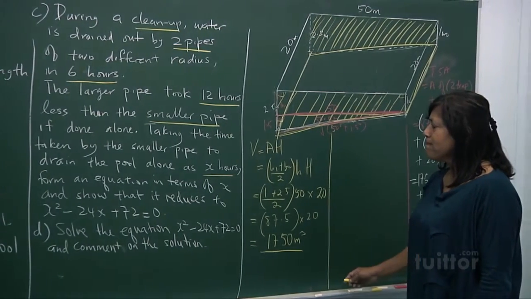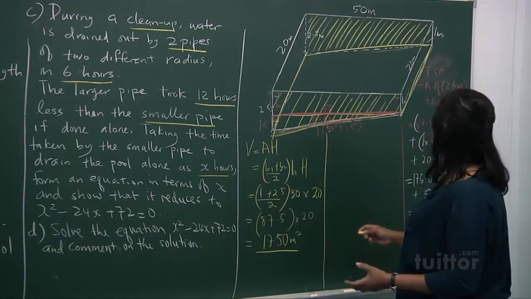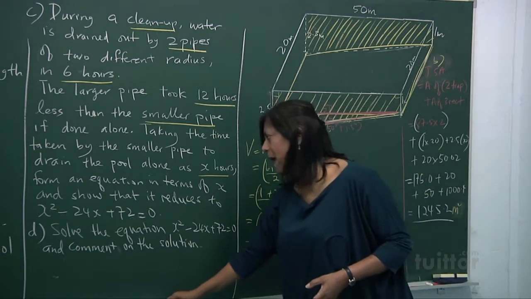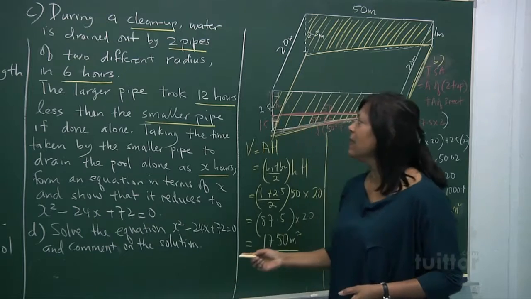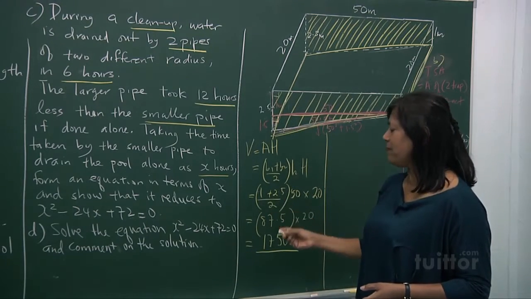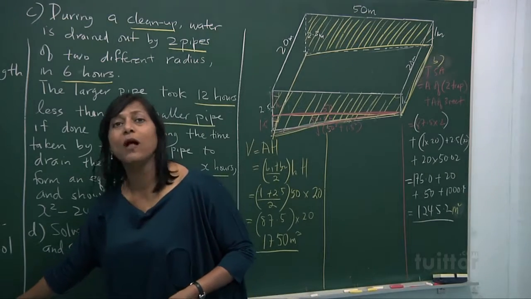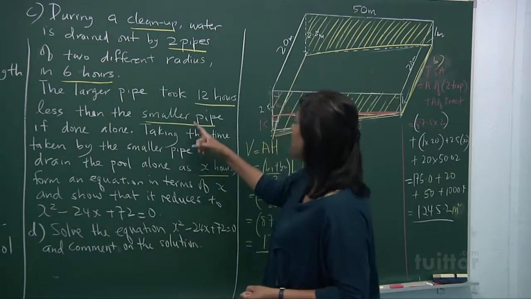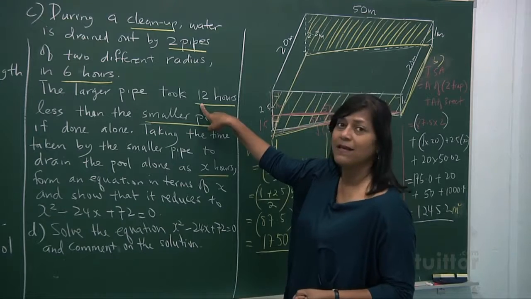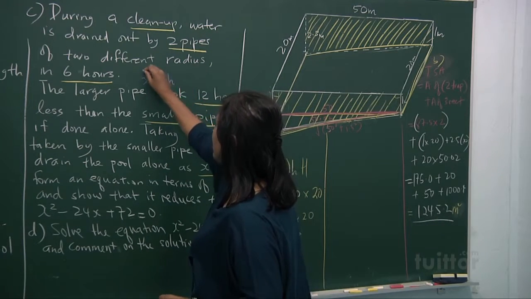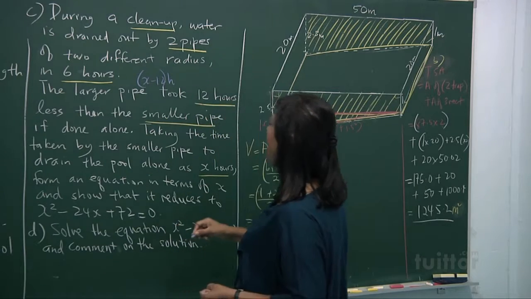If the smaller pipe takes x hours, how long does the larger pipe take? It's 12 hours less, so x minus 12 hours.